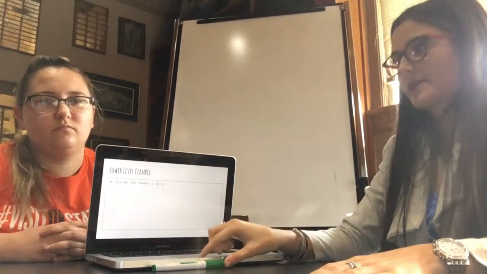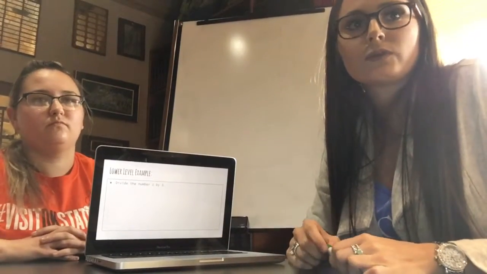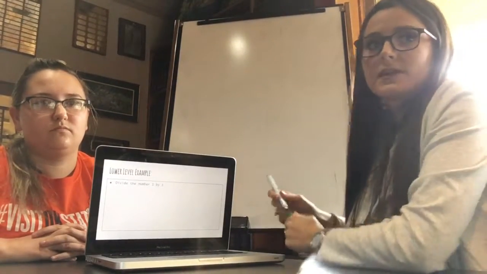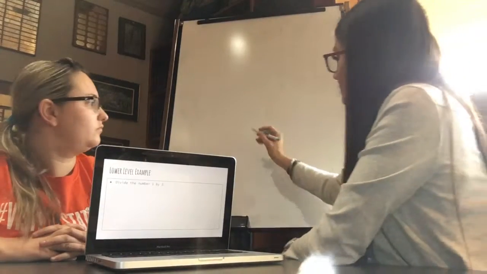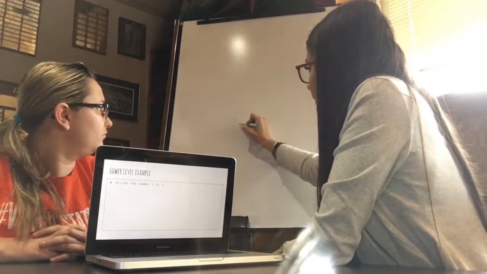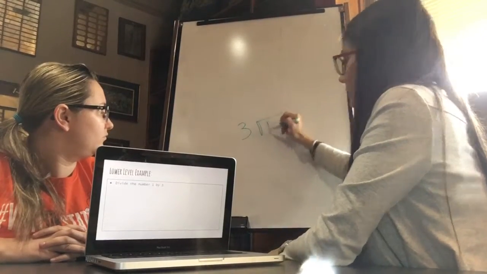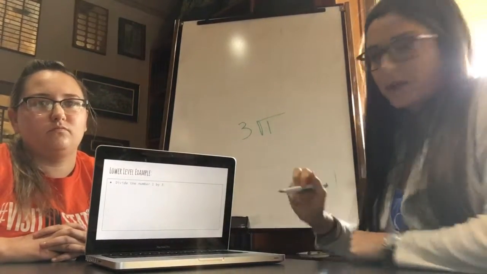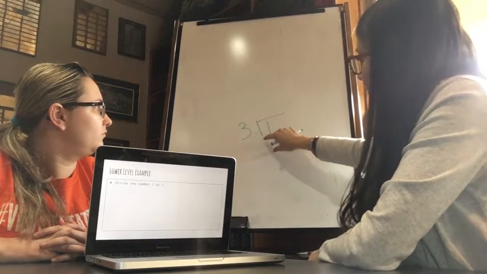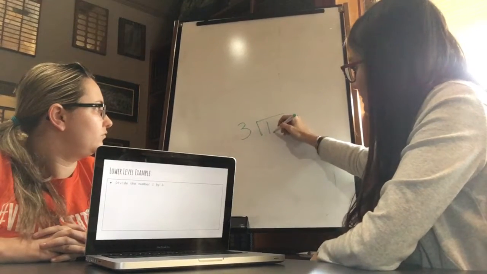So in our first example, we have a lower level example, and it is divide the number 1 by 3. So we're going to have 3 on the outside, and we are going to divide it by 1. Here we know that 3 does not go into 1, so we're going to put a decimal here.